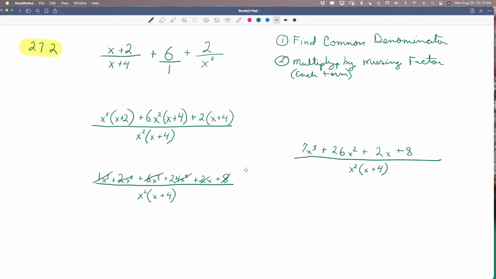All right, so after you multiply each one, then you're going to distribute anything that has to be distributed in the numerator. Then the next step is to do the squish, which is to add like terms.